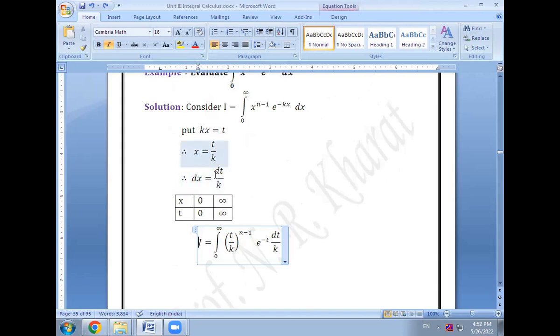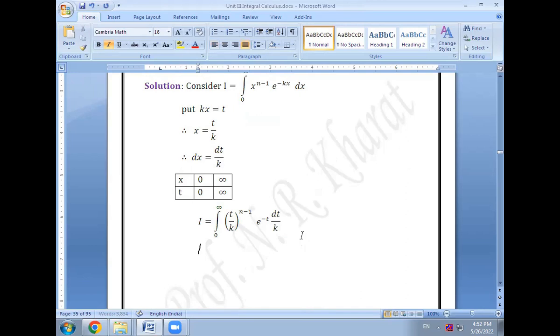So we have to change the value for x. X is nothing but t upon k. So value for x is replaced by t upon k, and the index of x is n minus 1. So we write this integration from 0 to infinity t upon k, whose index is n minus 1. And the value of kx is t, so e raised to minus t, and the value of dx is dt upon k.